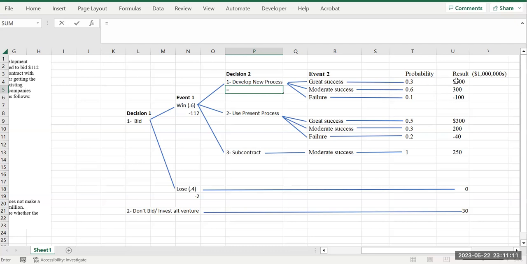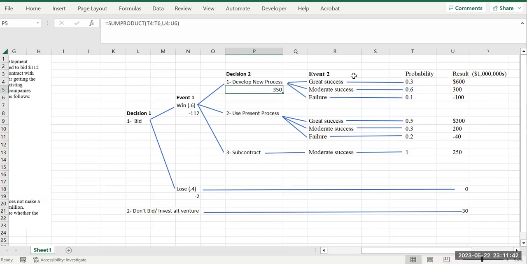So if I get the weighted average of these, where the weights are going to be the probabilities, that will give us the expected result, the expected profit from this. That would be the sum of the products of these three probabilities and the results, or I can just do 0.3 times 600 plus 0.6 times 300 plus 0.1 times minus 100.